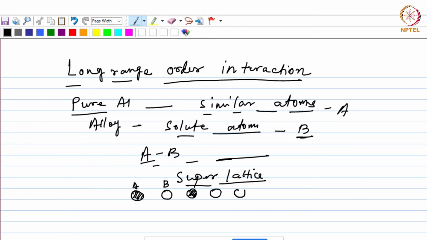Okay, and that is what is known as a long range order or an ordered solid solution. Right, so this will be across all three directions, where you will have a similar kind of arrangement. The same sequence will be followed in the other directions also.